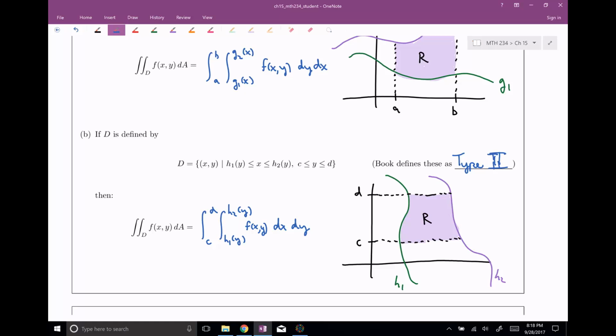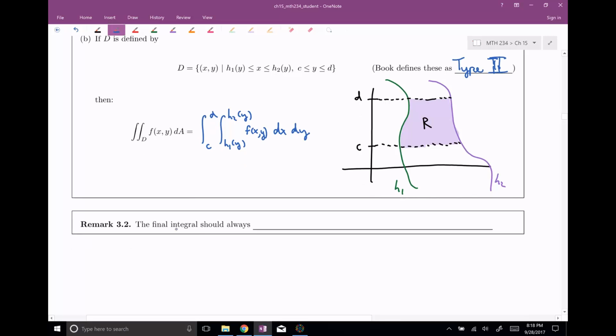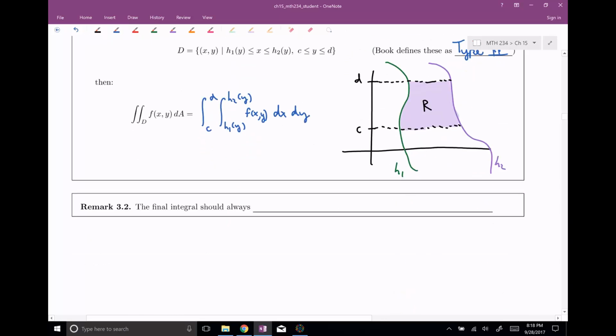Okay, a big remark here, something that I want you to pay attention to, is that the final integral, notice that this final integral in both of these cases always has just numbers. So the final integral should always just have numbers, no variables.